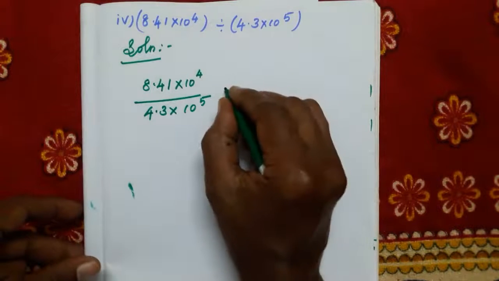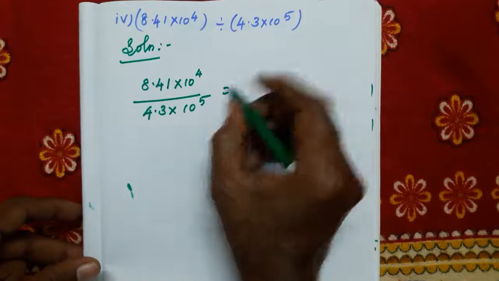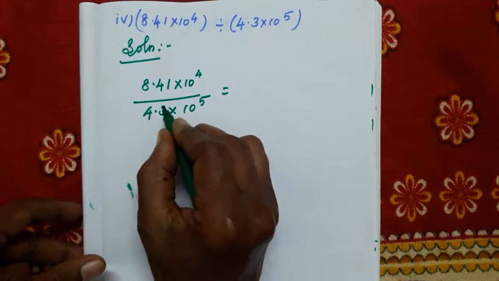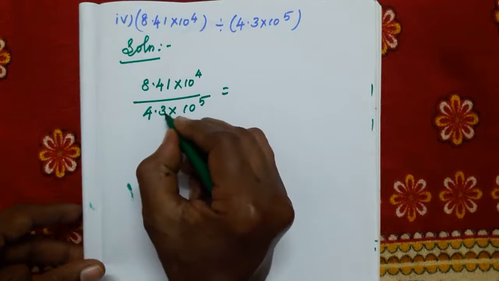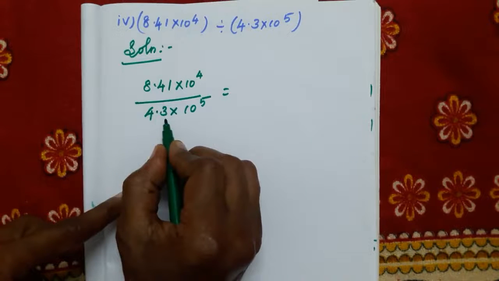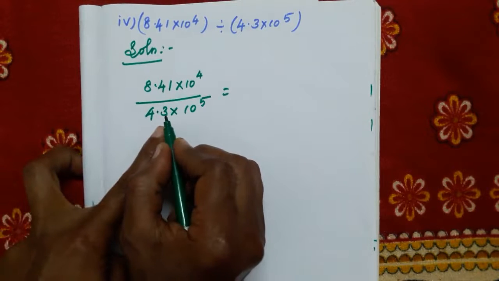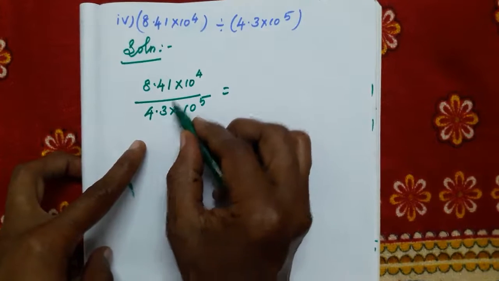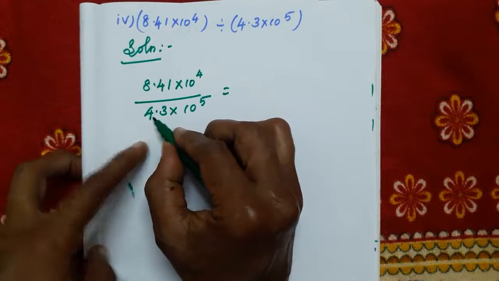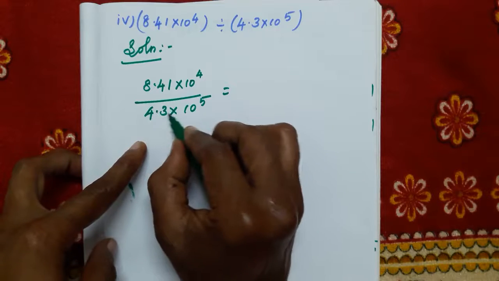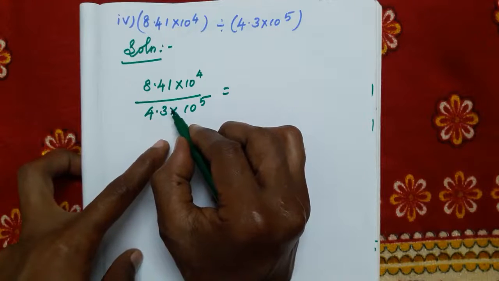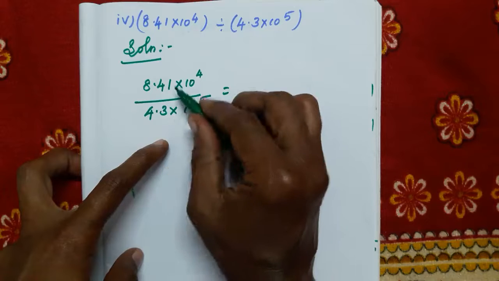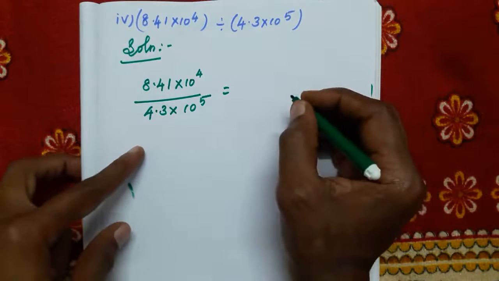First what can we do? 8.41, convert this. First, this is in scientific notation. Here we want to write it without decimal numbers. For that, if you want to convert 4.3 into 43, which number do we want to multiply? 10 we want to multiply in the numerator and denominator.